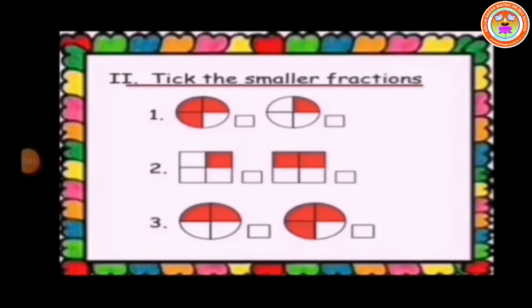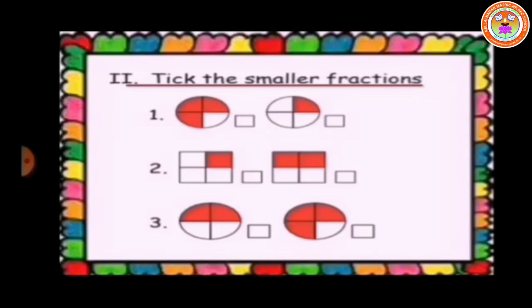Second question, tick the smaller fractions. First one, here 2 pictures are given. See the first one, shaded portions are 3. So the fraction is 3 by 4. Second picture, one portion is shaded.